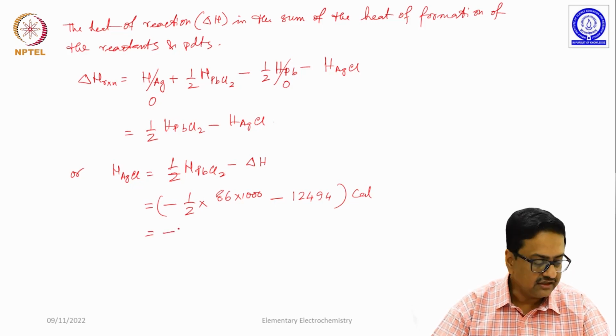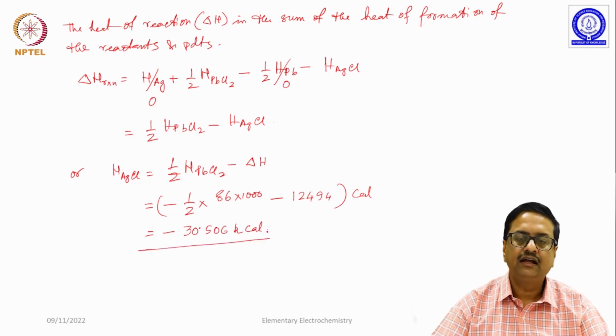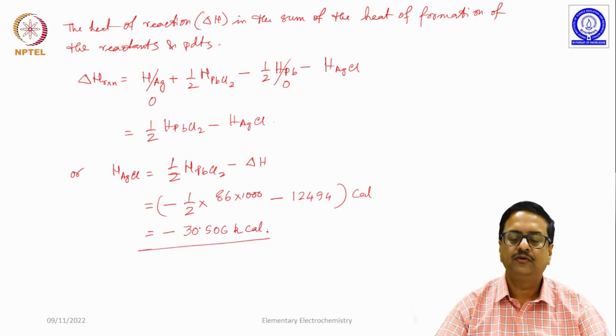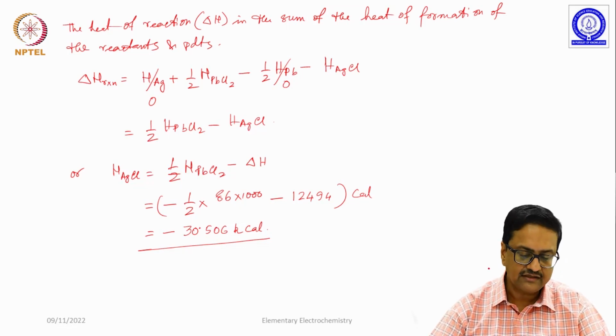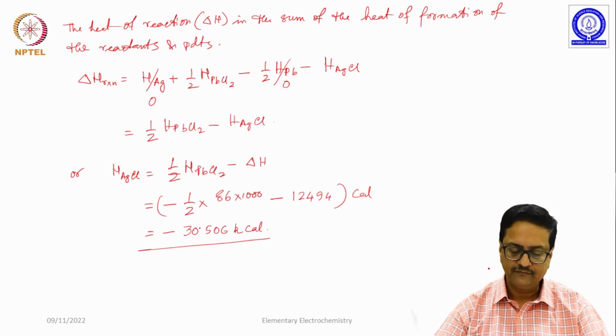So, the heat of formation of AgCl is nothing but 30.506 kilocalorie. So, this is how one can estimate the heat of formation of a reactant that is involved in a chemical reaction in an electrochemical or electrolytic cell.